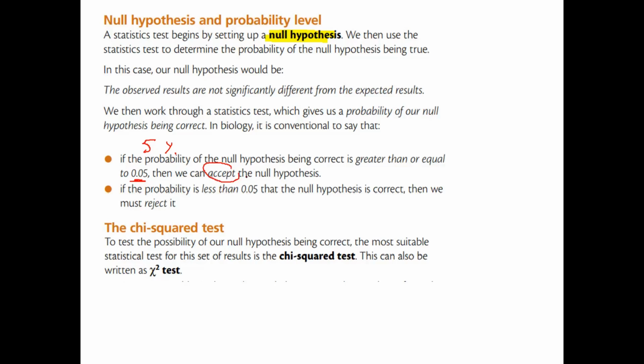It means if your value is 5% or more than 5%, you are accepting the null hypothesis. However, if after the investigation the observed results give you a probability less than 0.05, right?